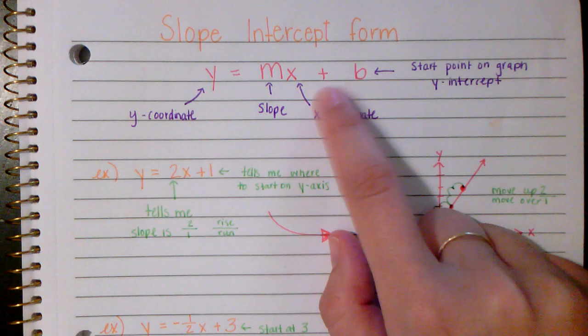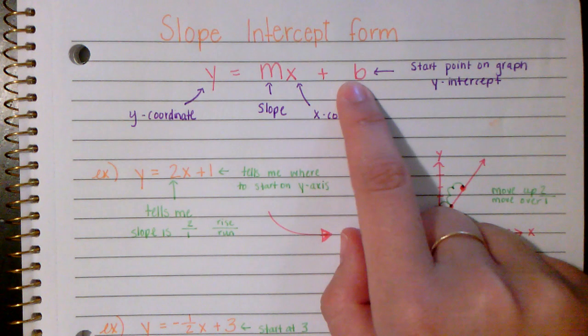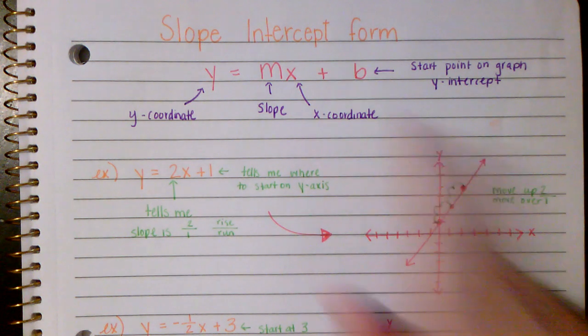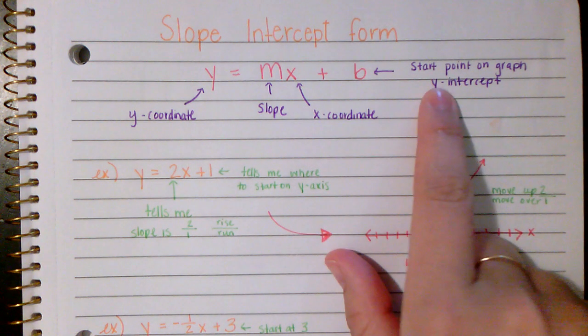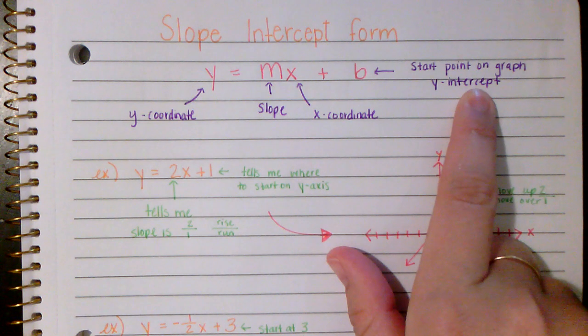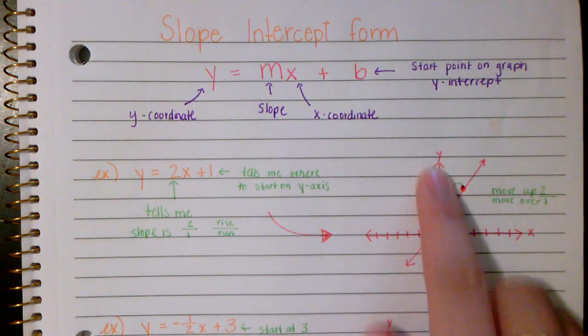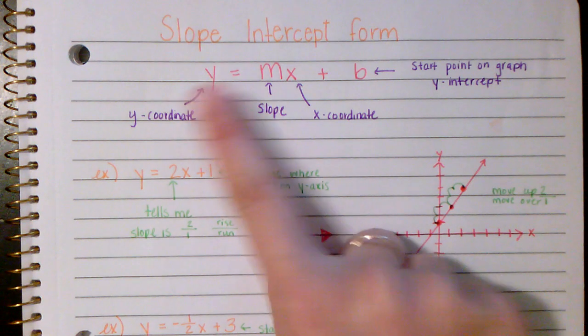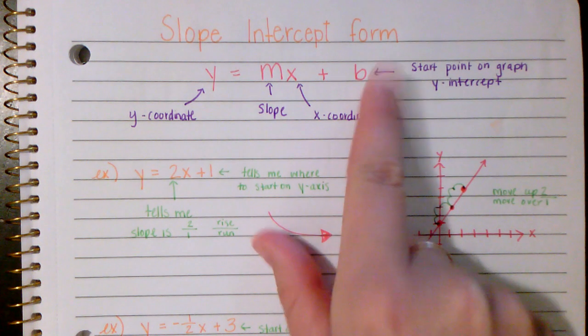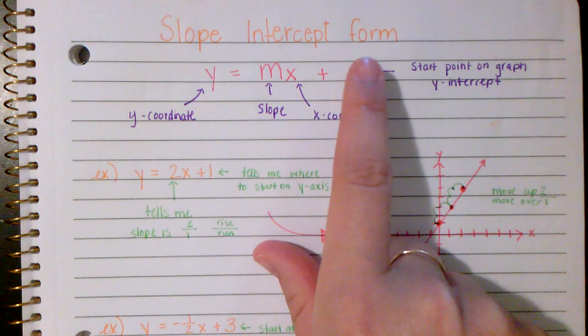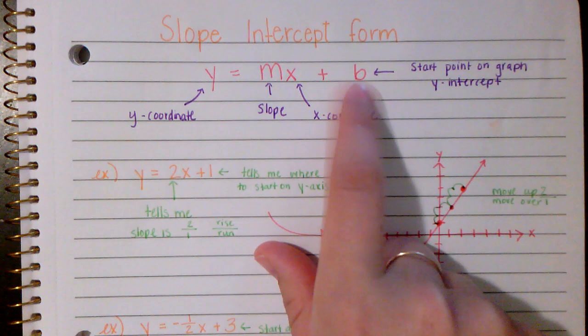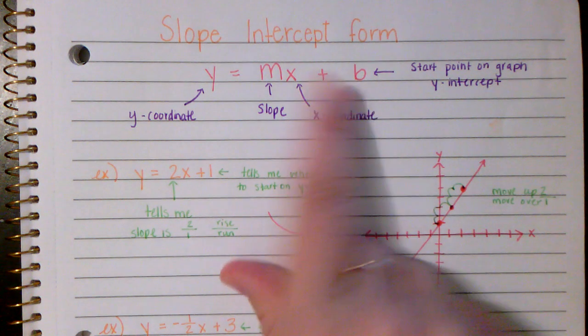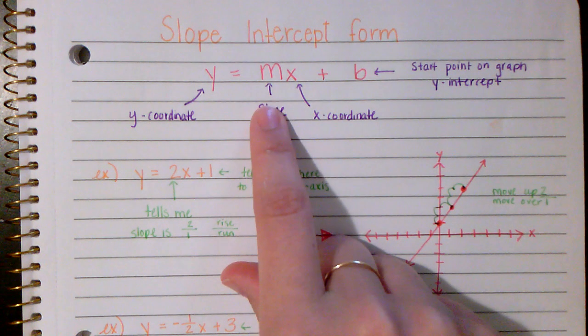You just have to keep in mind this plus b could be a minus b, depending on where you start. So this b is your y-intercept. It is going to be a point on the y-axis. It's your starting point. So anytime you have a linear function like this, I always work backwards. I start at the back where the b is, and that tells me where to put my first point, and then I move based on my slope.